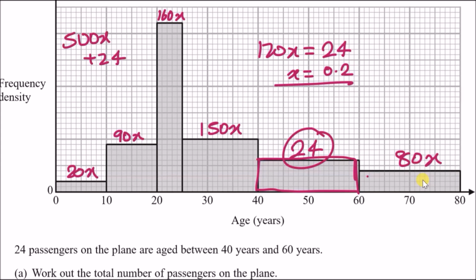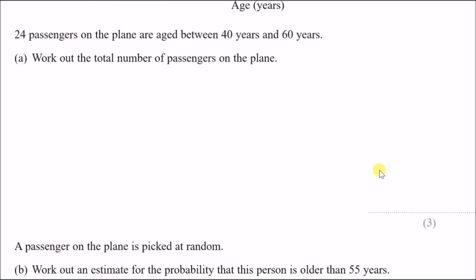Now since you know x is 0.2, you plug it in, and I'm just going to double check this now. So 500 times 0.2 plus the extra 24, you should get a total number of passengers of 124 people. And that's your answer, 124.